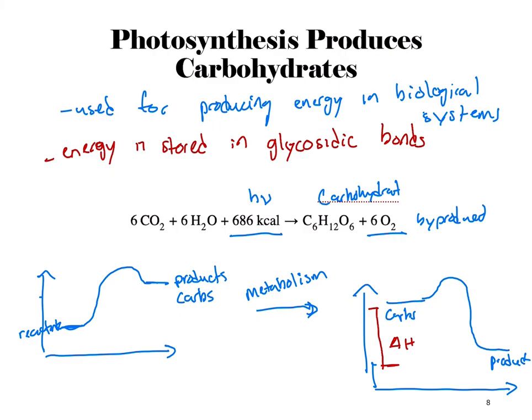We digest the carbohydrates, we break these glycosidic bonds and use the sugars in carbs for energy. And so these would be reaction energy diagrams of making the carbohydrates and then using the carbohydrates.